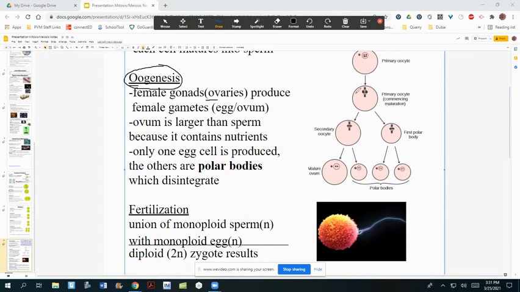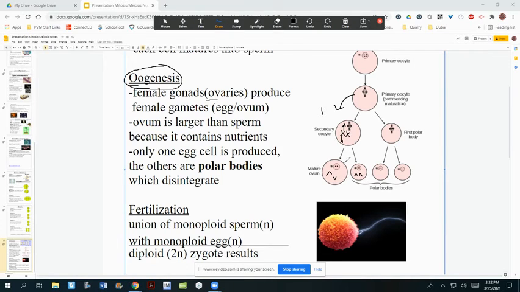This also is going to have two divisions. So you're going to have meiosis 1. The first division is going to lead to the cells having those full chromosomes. They have to separate. That's going to give you the individual halves that you're looking for.